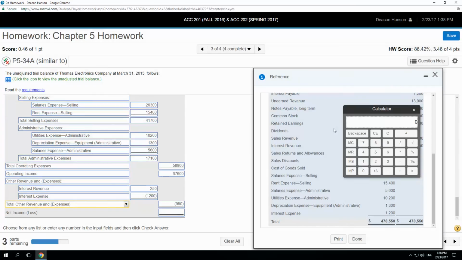We'll double check that, make sure we're right. Yeah. And then what we do is, since it's a net expense amount, we have to subtract that. Since this is net negative, we're going to subtract it. So 67,600, which is our total operating income, minus 950.